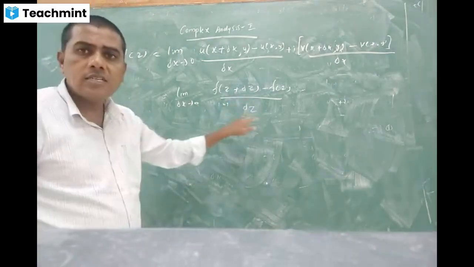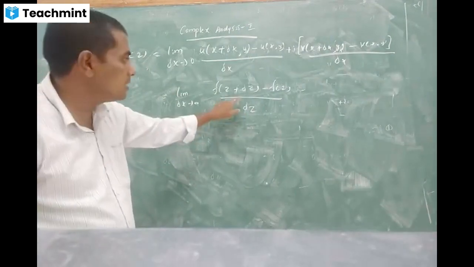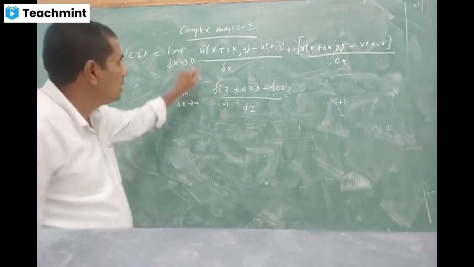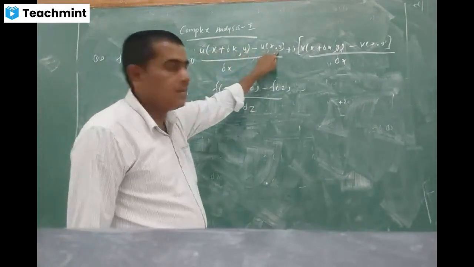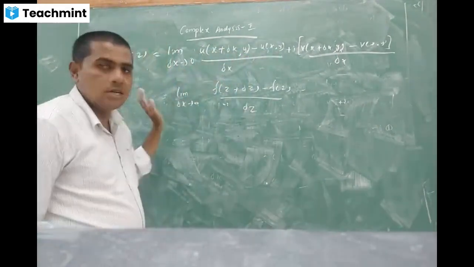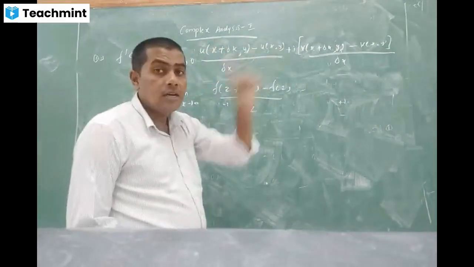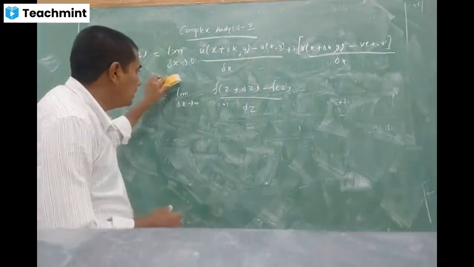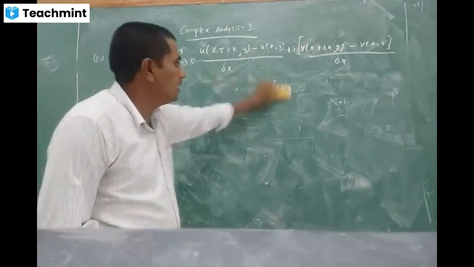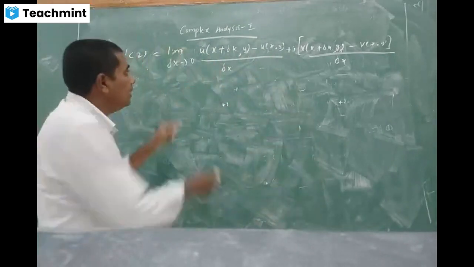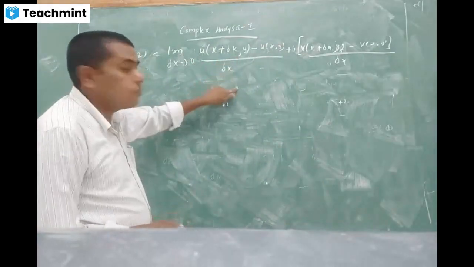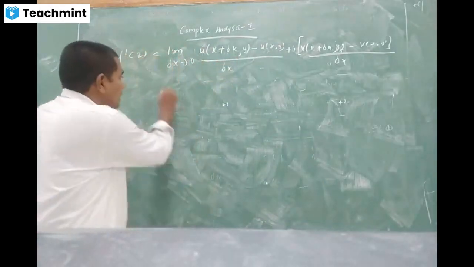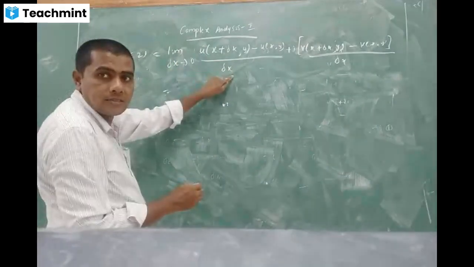This is nothing but the differentiation definition, right? I said already. See here, f of z plus delta z minus f of z divided by delta z. This is nothing but the definition of differentiability. Particularly here we are writing x and x plus delta x with respect to x, so the first order partial derivative is u with respect to x.